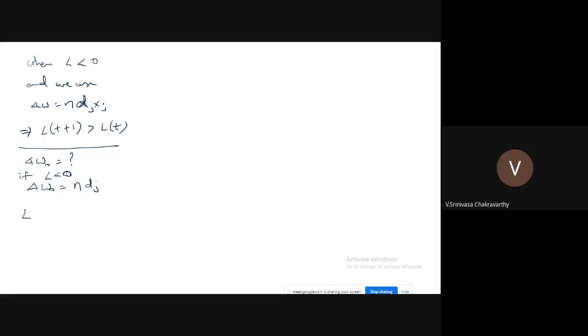Let us see that again. Now L of t plus 1 is equal to dj times w transpose xj. So now there is no update in w, so we keep it like that. Plus w naught at t plus 1, only w naught is updated. So L of t is equal to dj times w transpose xj plus w naught at t.